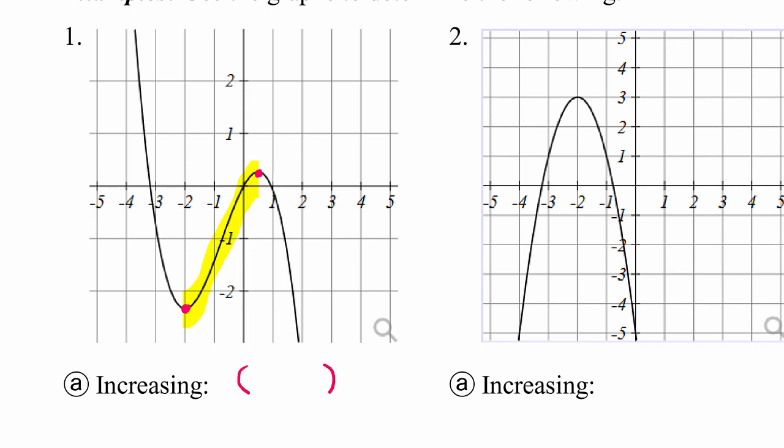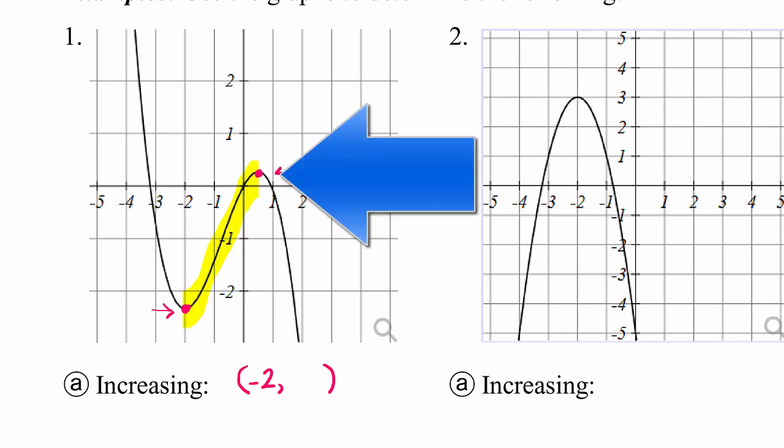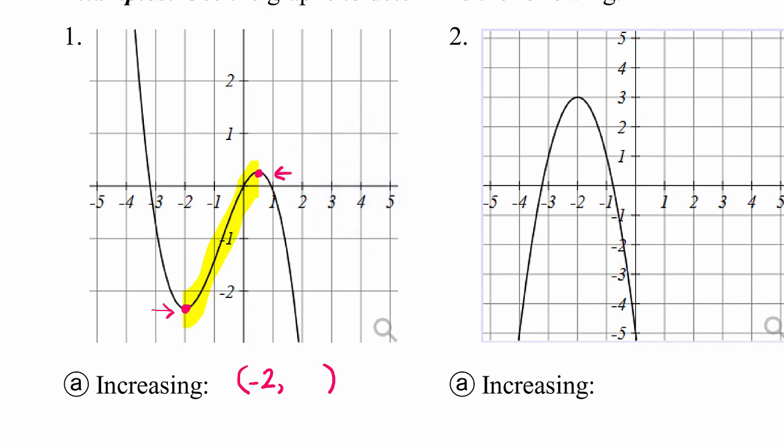Okay, so I'm going to put a set of parentheses there. Now, on the left-hand side right here, what's the x-coordinate there? Well, it is -2. So that's going to go on the left side of our interval notation. And then as we pan to the right, this is our last point where the graph is increasing. What's the x-coordinate there? It looks like it's a half. So we're going to write 1/2. And that's the interval in which this function is increasing.